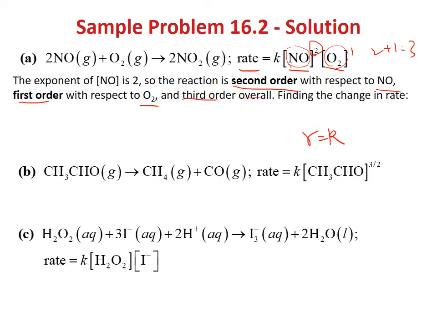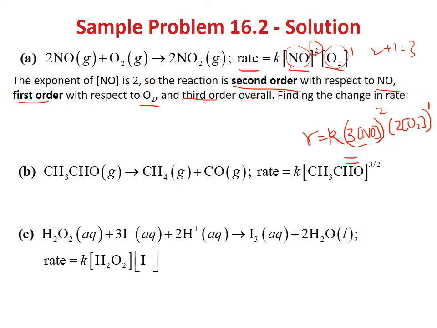When the concentration of NO is tripled and oxygen is doubled, the reaction rate is K, which is a constant that doesn't change, but the concentration of NO becomes 3 times the initial concentration, and it's squared, because the new concentration is 3 NO, and the new oxygen concentration is 2 times oxygen, to the first power.